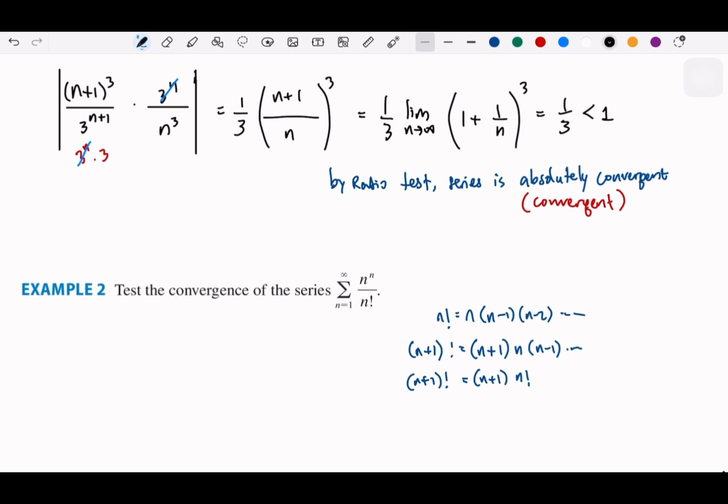So, as usual, we take a_{n+1} divided by a_n, absolute value. And this will be (n plus 1) to the power of n plus 1, divided by (n plus 1) factorial, multiplied by n factorial, divided by n to the power of n.